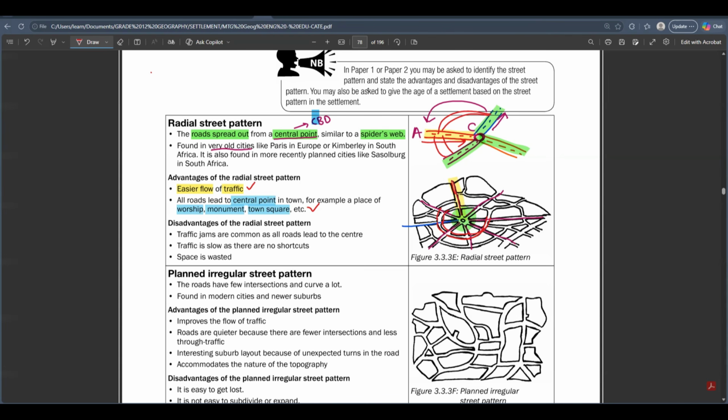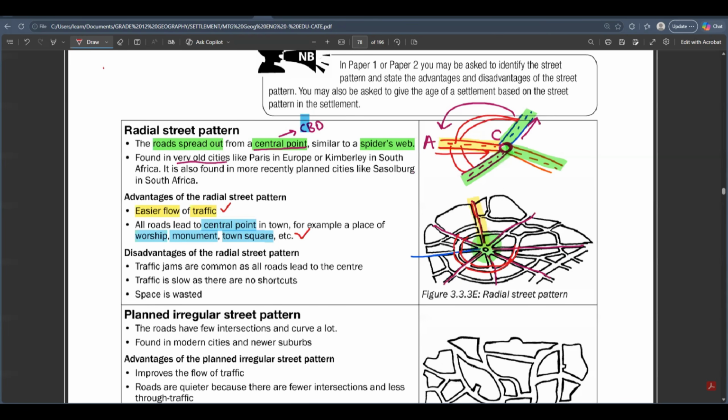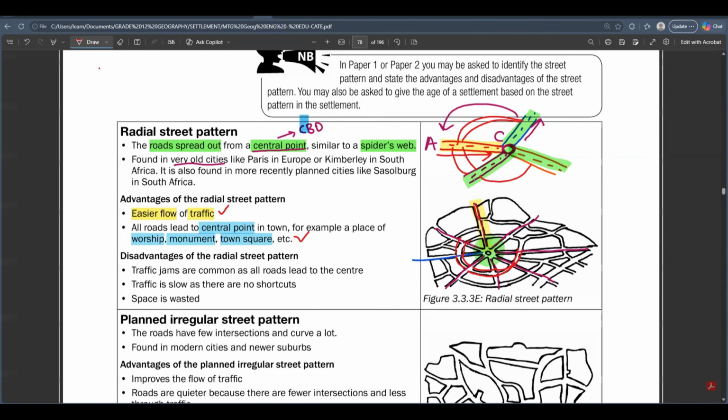So it will make a radial straight pattern, because there's a monument, there's something special about the place. That's why all of the roads are going towards that place. But those main roads that are going towards that place are connected with one another so that there can be easier flow of traffic from one main road to another.